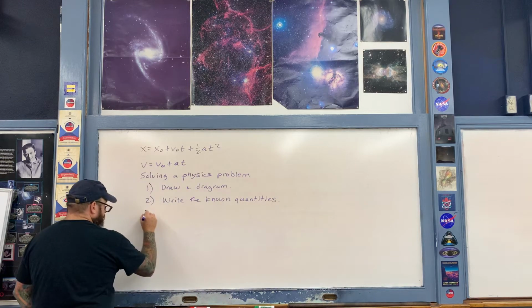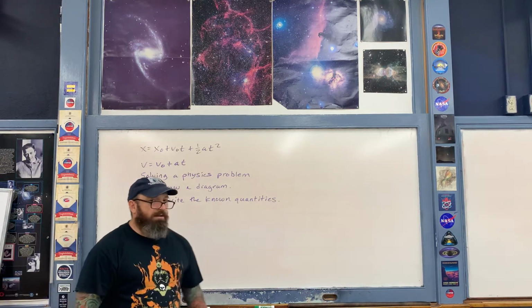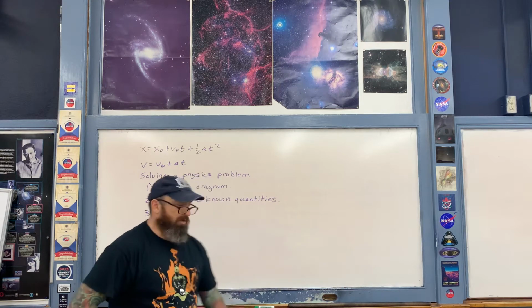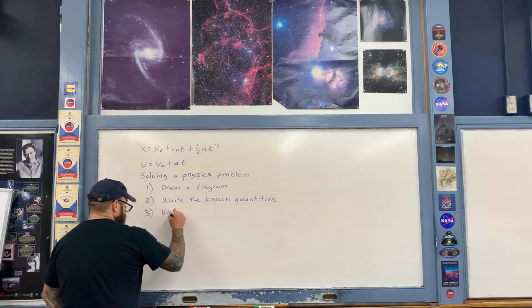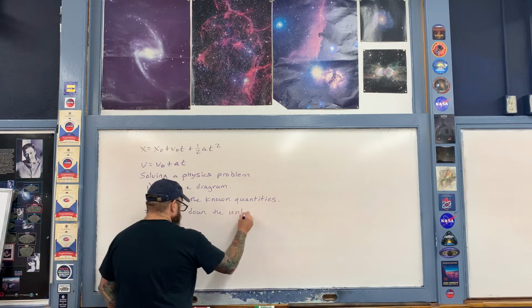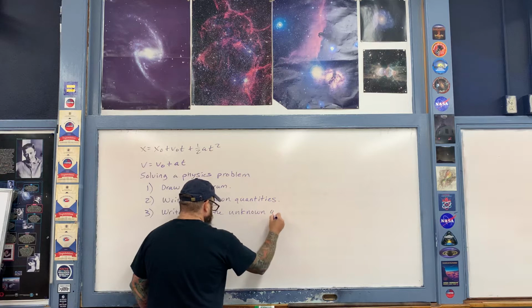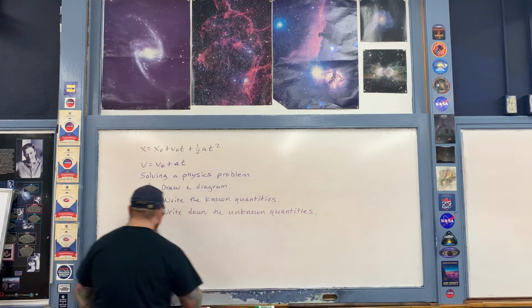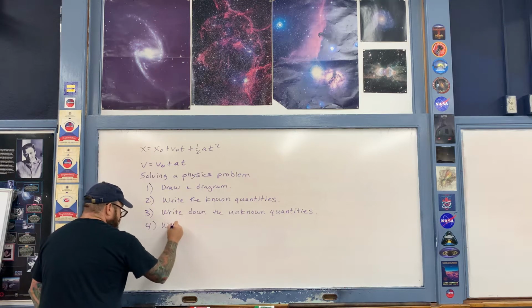Third, you then write down the unknown quantities. Usually, at least in part, that's what's being asked for in the example. Fourth, you write the relevant equations.